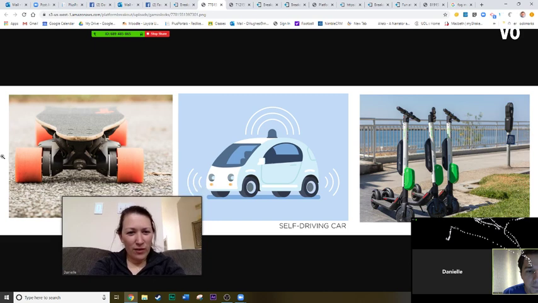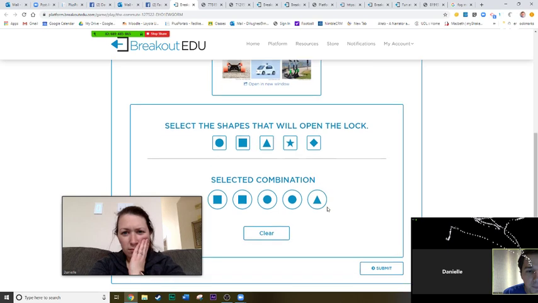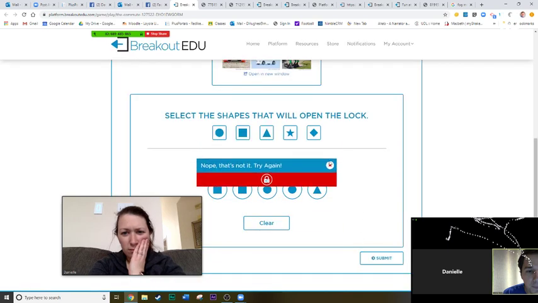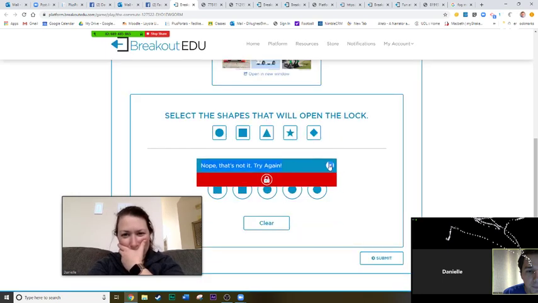Wait, okay, if we read it... I guess this looks like a square, circle, circle. Then what would you call these guys? Circles? Well, no, there are 5. Okay, so maybe it's square, square, circle, circle, triangle? Womp. Circle? Womp.